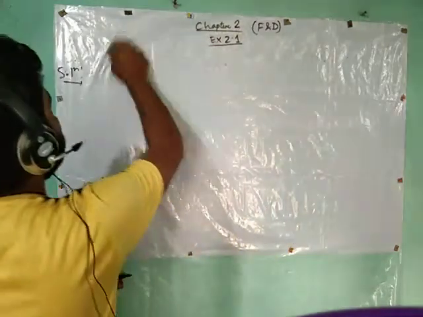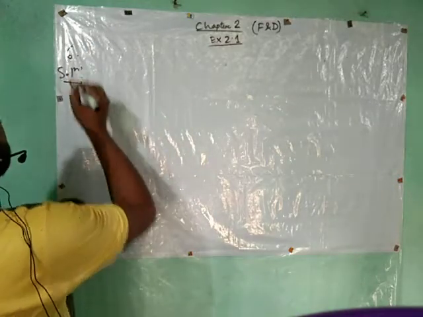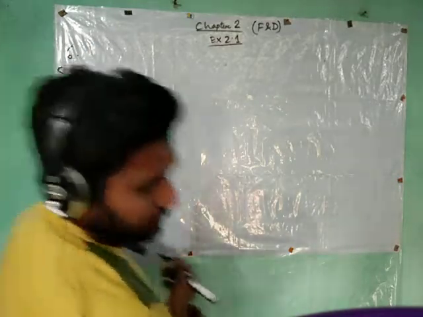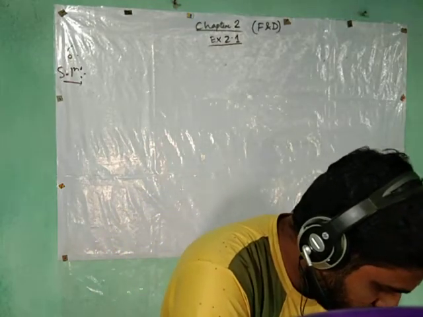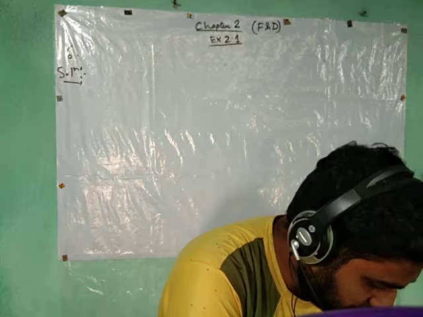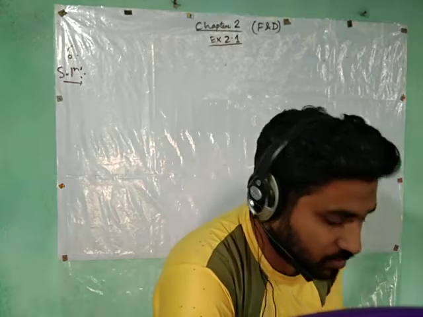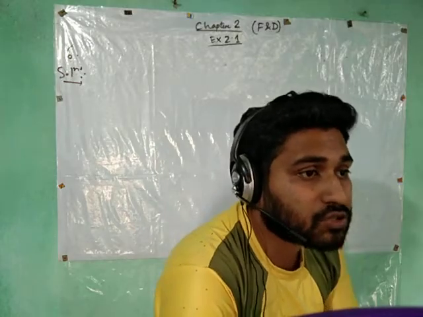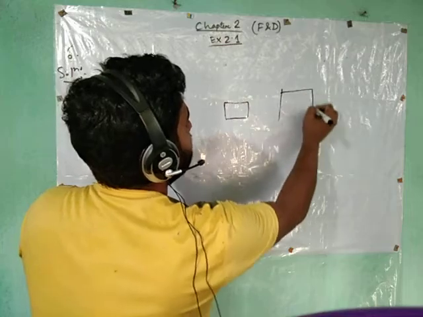Okay, now come to our question number 6. Question number 6 is telling that Salil wants to put a picture in a frame. The picture is 3 by 5 centimeter wide. That means Salil wants to put a picture into a frame.